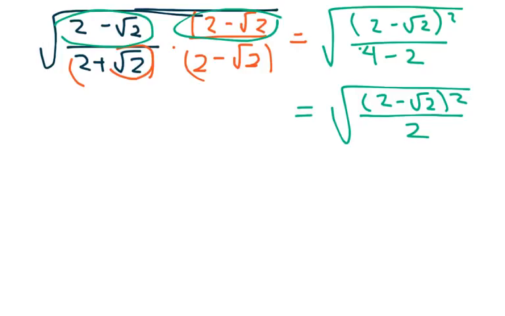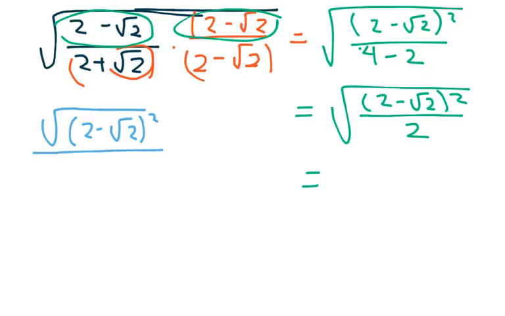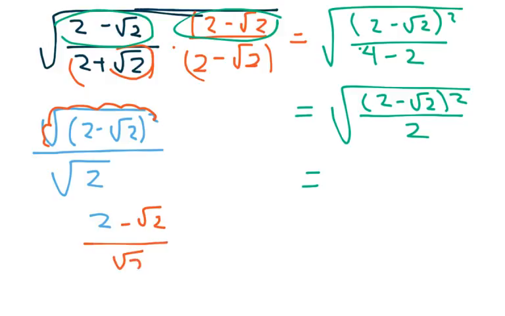Now, if I simplify this, I'm going to put the radical here, 2 minus root 2 squared over square root of 2. And that's going to yield me 2, because this cancels here. So we're going to get 2 minus root 2 over root 2.